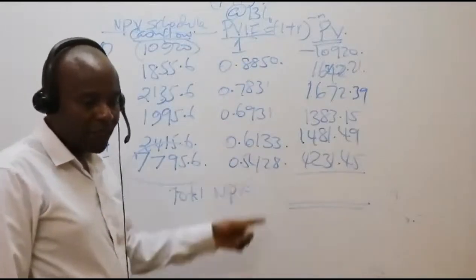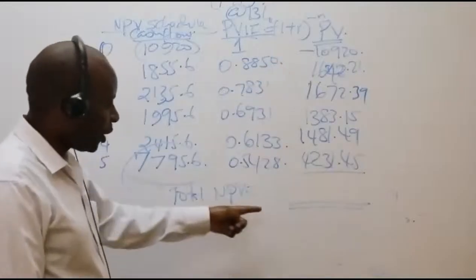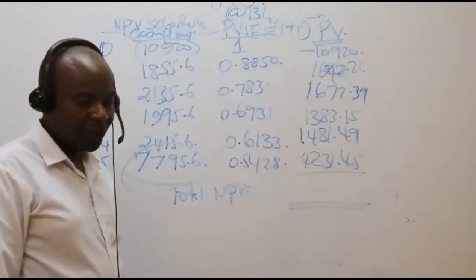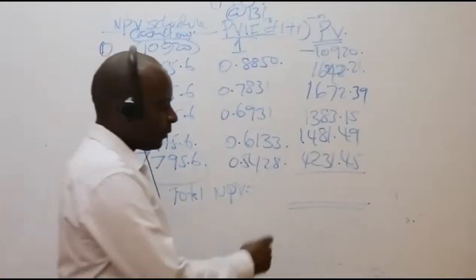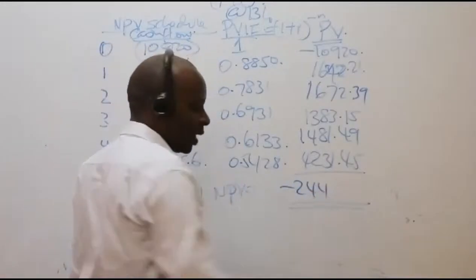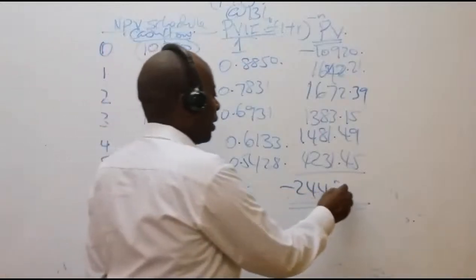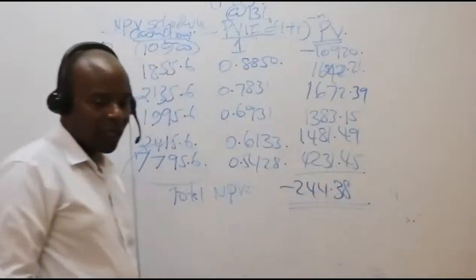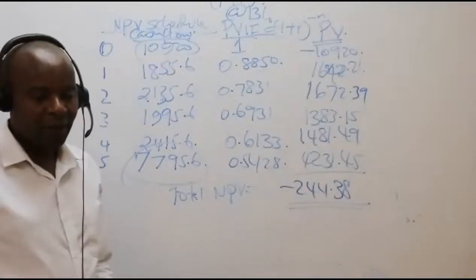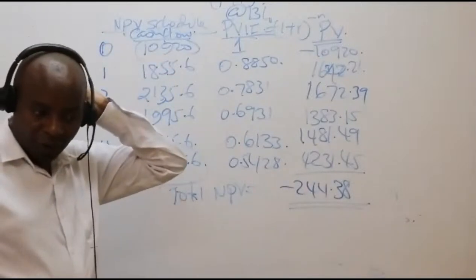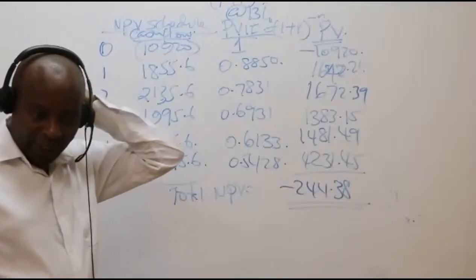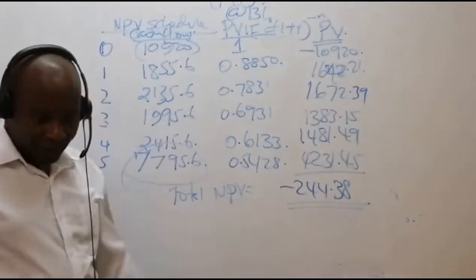So then could you kindly give us the total net present value? The total net present value, which will end up giving us negative 244.38. Can someone else confirm this? Carol says no, negative 457.